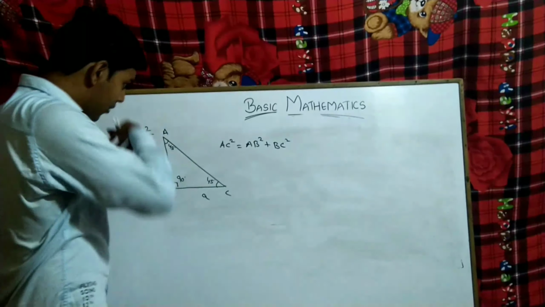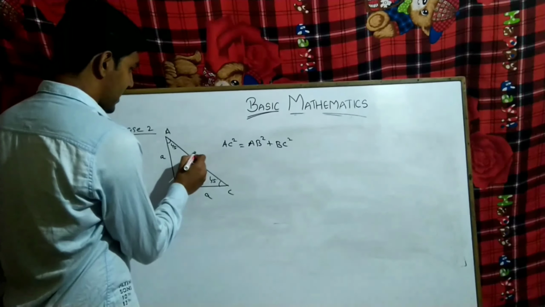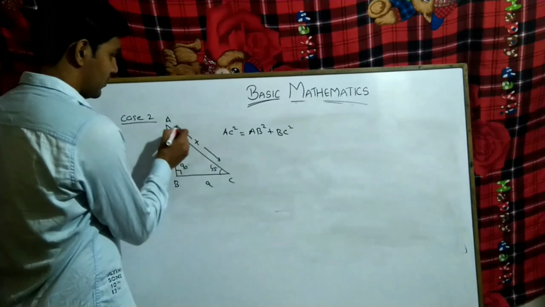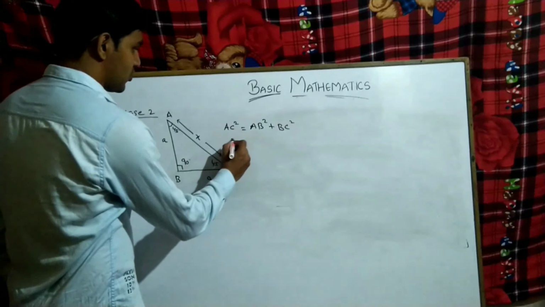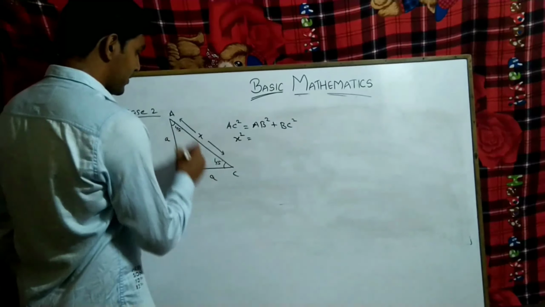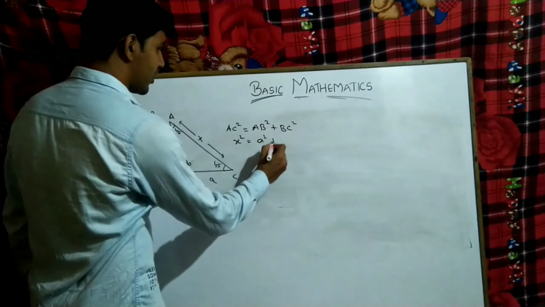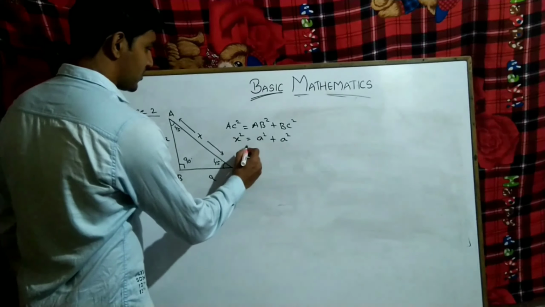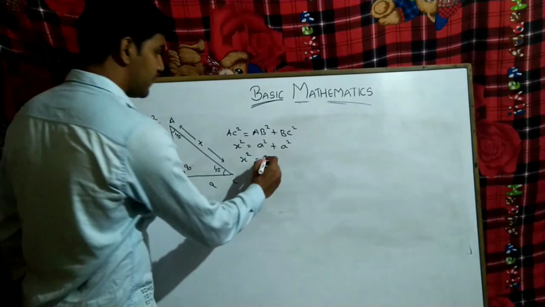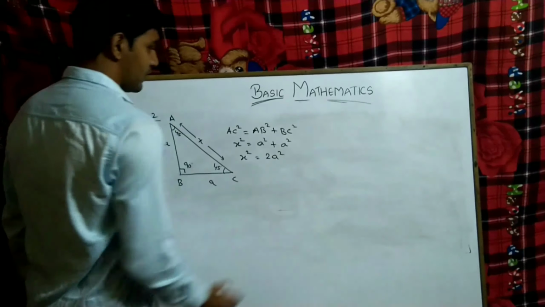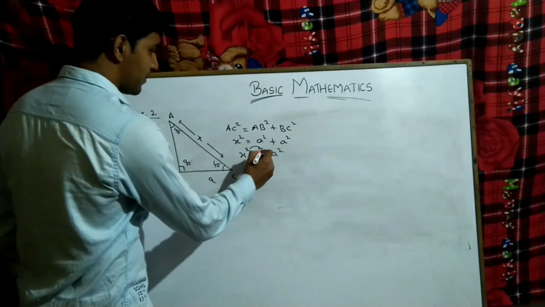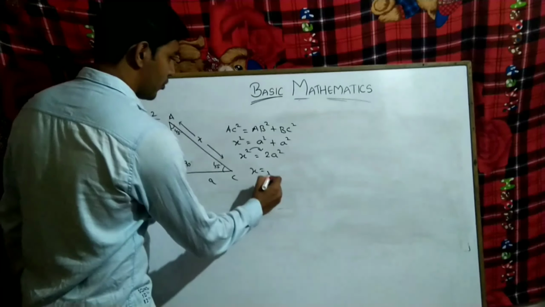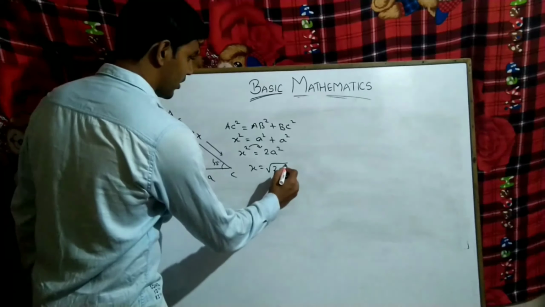Now AC, let's take this x value. So x square is equal to AB how much? A square. A square plus BC also A square. Now x square is equal to A square plus A square. It becomes 2A square. Now this square will go that side, becomes root. So x is equal to root over 2A square.